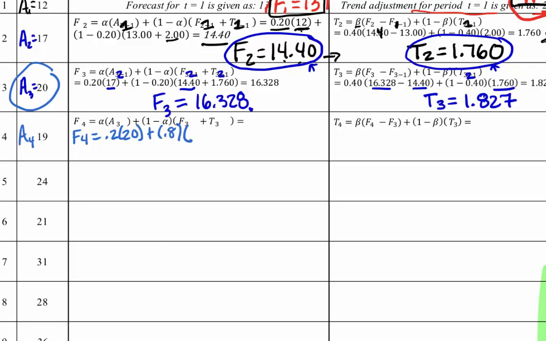So F of 3 is here, and T of 3 is here, so we'll just pull those in. 16.328 plus 1.827. So F of 4 will equal 18.524.